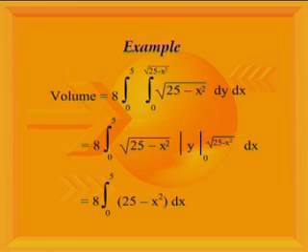So now the integration of this is, first of all, with respect to y, it is square root of 25 minus x² into y, and putting the limits for y, we get 25 minus x², and now we will integrate 25 minus x² with respect to x between the limit x is equal to 0 to x is equal to 5, and multiplying all of this by 8.